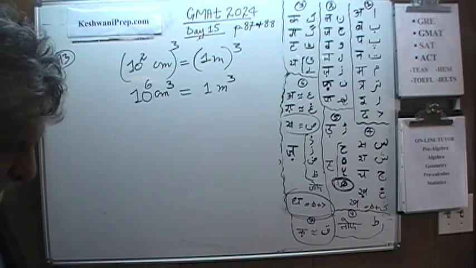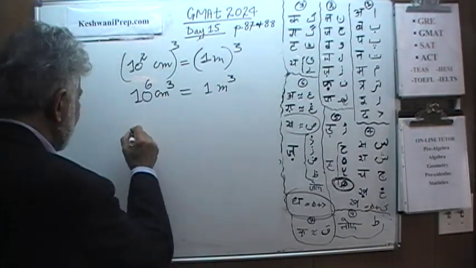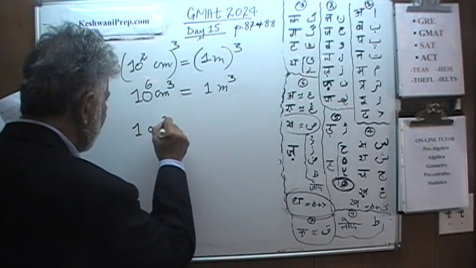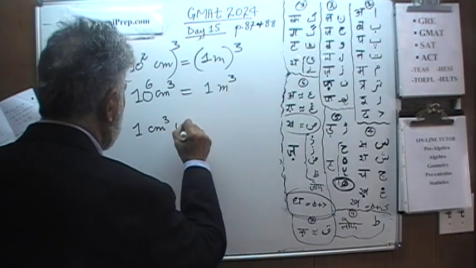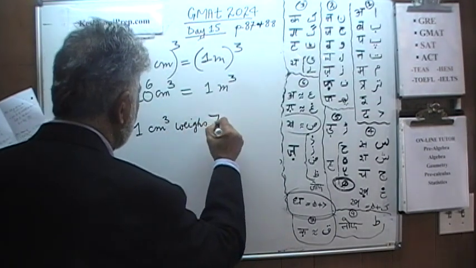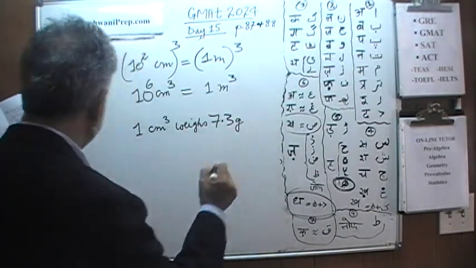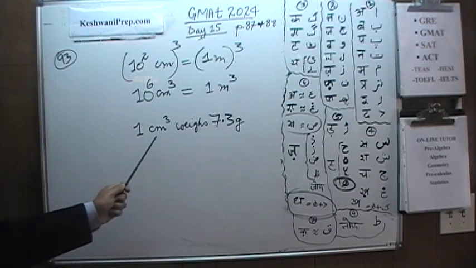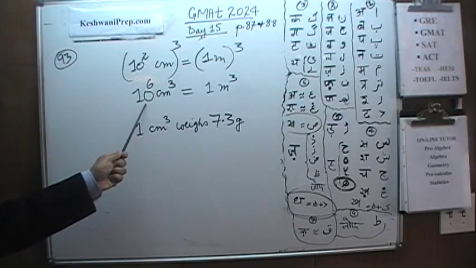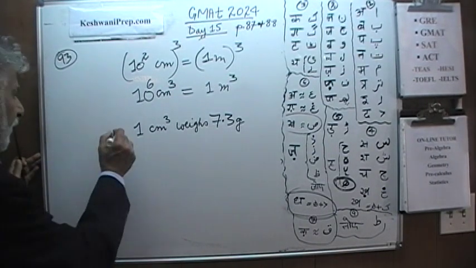Well, if 1 cubic centimeter, we are told, weighs 7.3 gram, we are not interested in 1 cubic centimeter, we are interested in a million of them. So multiply both sides by a million.